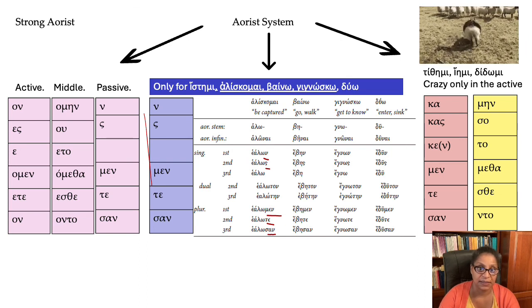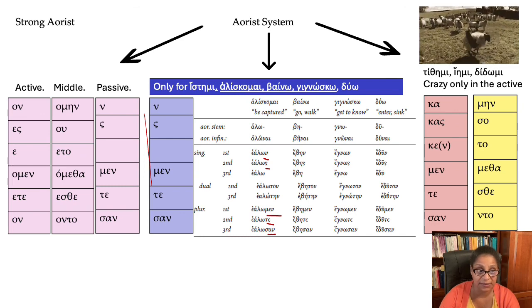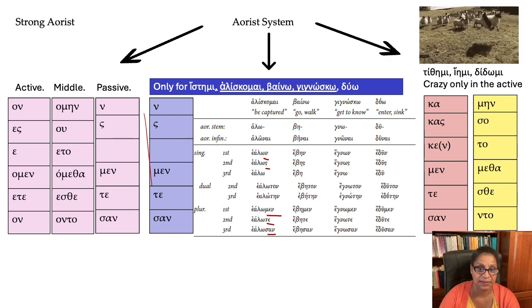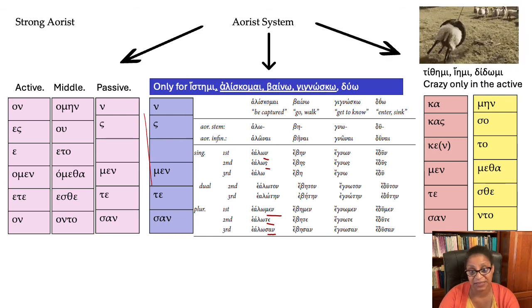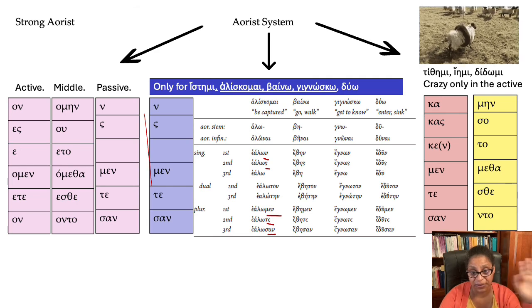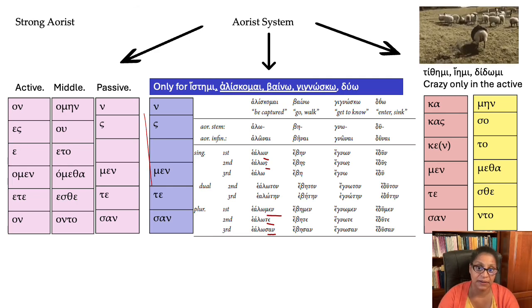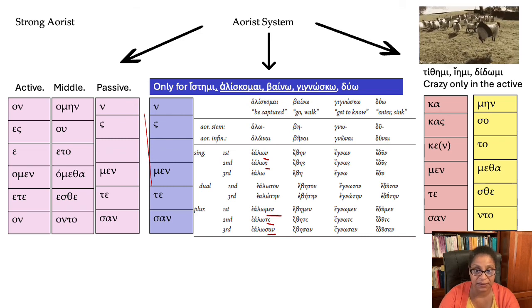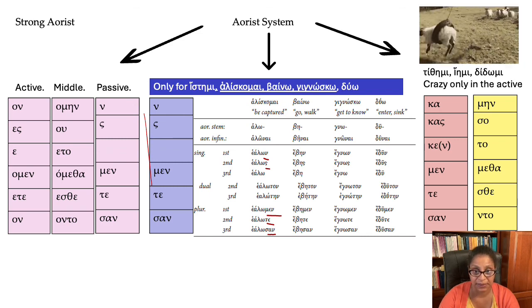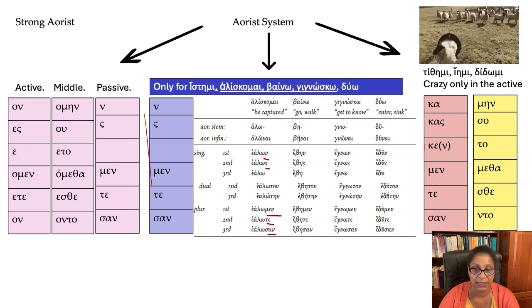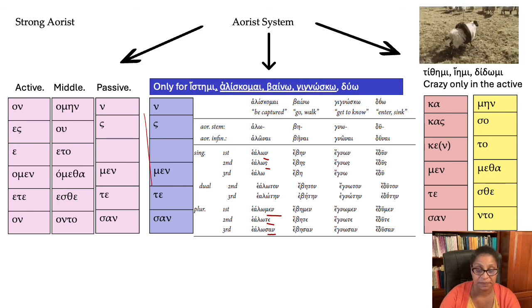Because you expect as mi-verbs that they should have en, sigma, men. It's in a nothing, right? Instead they have ka, kas, ke. So what they're doing is actually borrowing from the perfect, but we won't get into that. Just memorize it. And then in their middle passive, they are completely expected. Men, so, to, metha, sthe, and nto. Completely as one would expect.